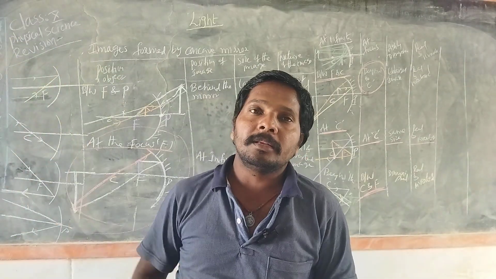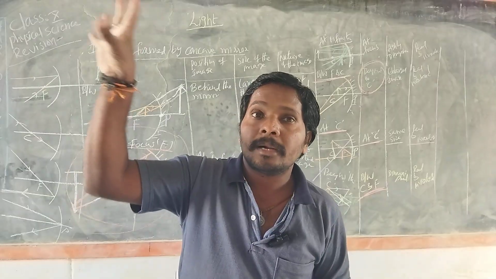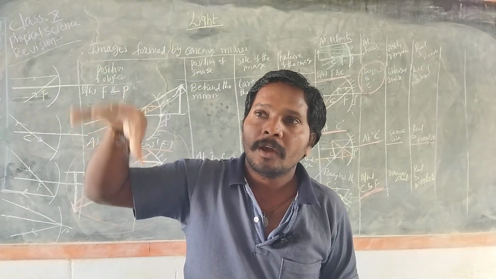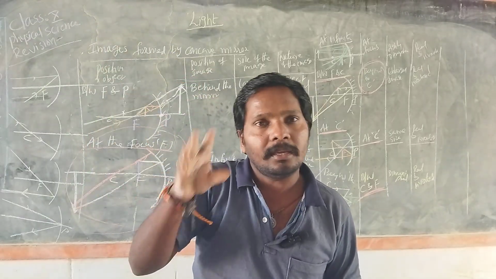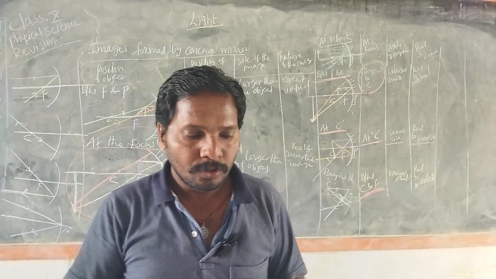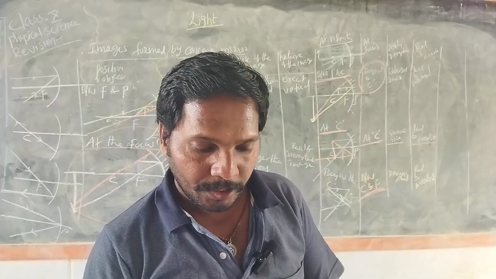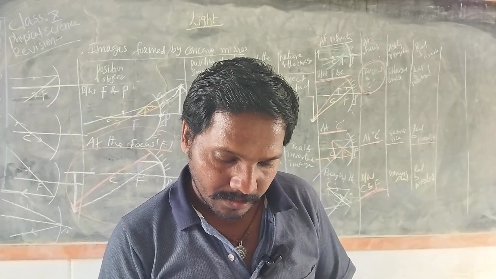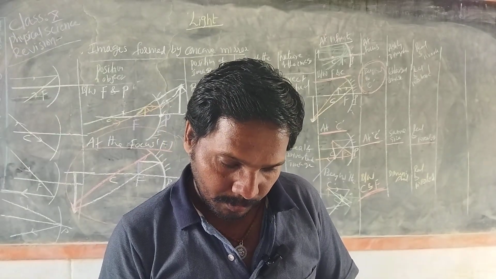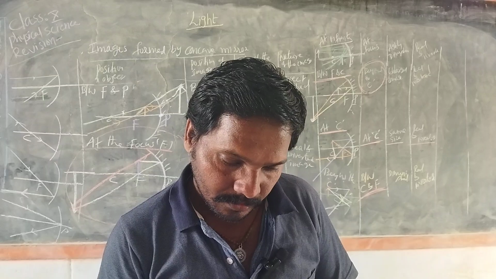Then the shopkeeper is able to see the persons who are coming and going, what they are taking, what they are not taking. So in this way they are used. So those are the uses of concave mirrors and convex mirrors.